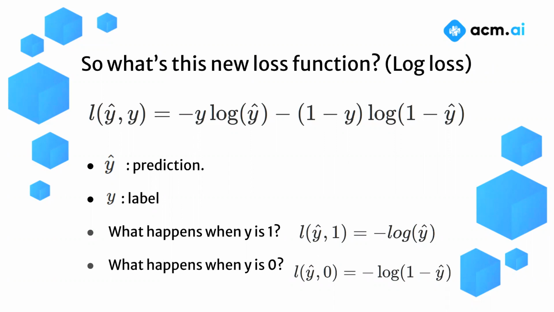If, for example, our y hat is not 0, say y hat is between 0 and 1, like y hat is 0.5, we get negative log of 0.5. Log of 0.5 is negative 1, if we're using log base 2 for now.